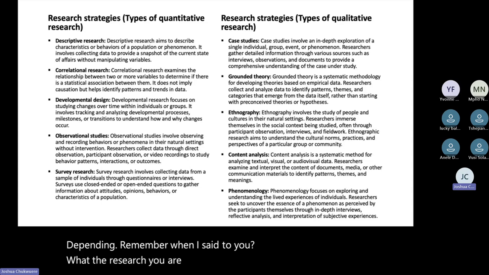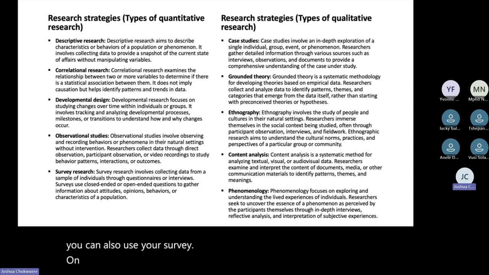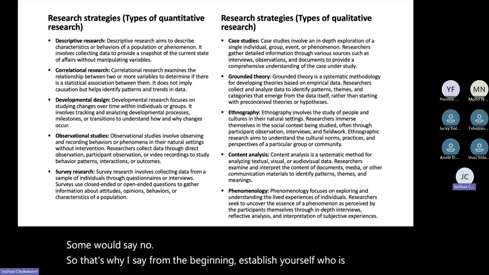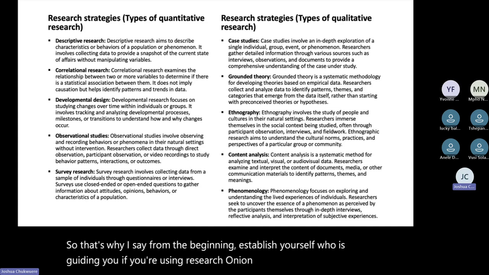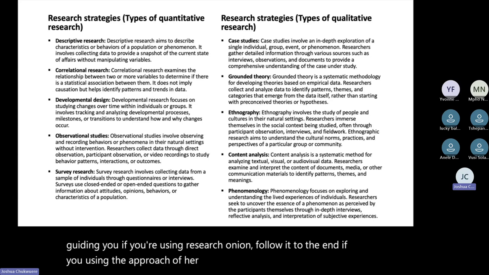Some researchers will say that you can use your survey on quantitative and qualitative. Some will say no. So that's why I say from the beginning, establish who is guiding you. If you're using the research onion, follow it to the end. If you're using the approach of Oates, Creswell, follow it to the end.